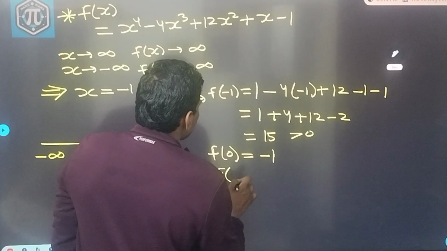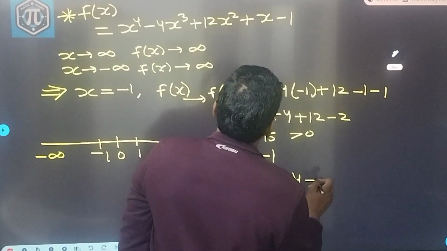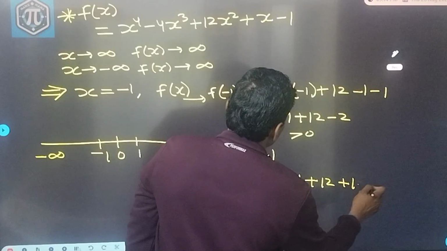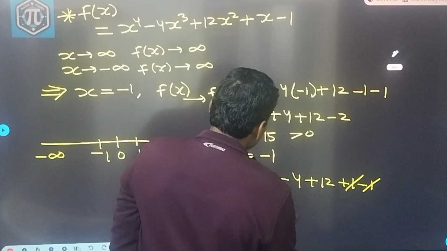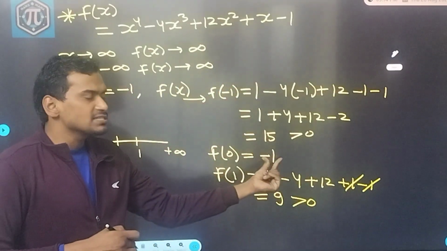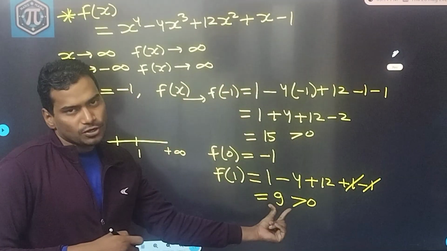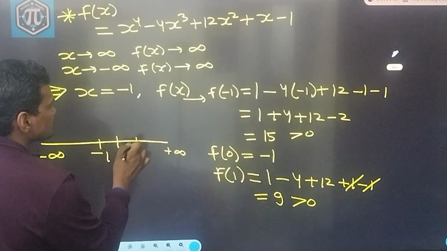Now we are going to see what is f of 1. If you calculate, you will get 1 minus 4 plus 12 plus 1 minus 1, that is 9, greater than 0. Now you can see f of 0 was negative and f of 1 is positive. So one root will be between 0 and 1.